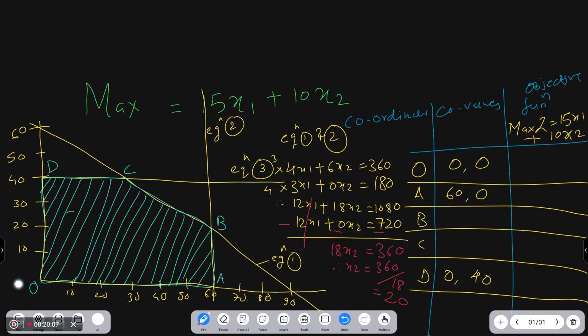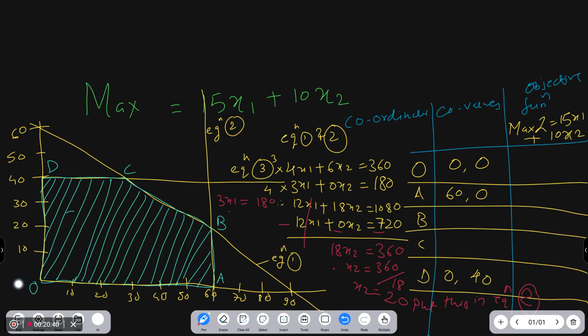Anyone. See here, I will put it into equation number 2. Put this value x2 is equal to 20 in equation 2. So what is the final answer then? 3x1 is equal to 180 because 0 multiplied by 20 will become 0.